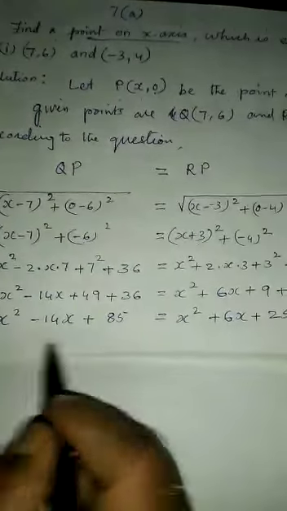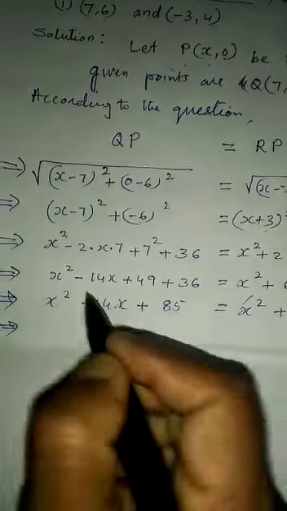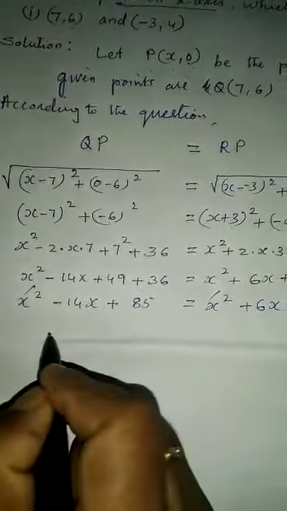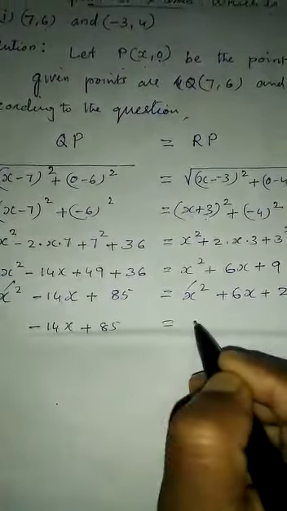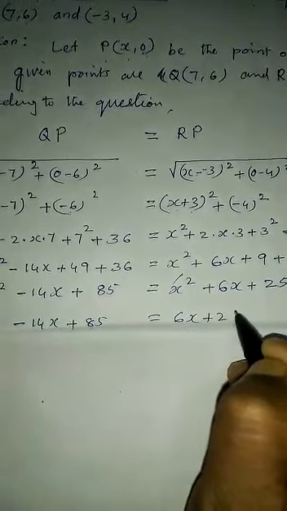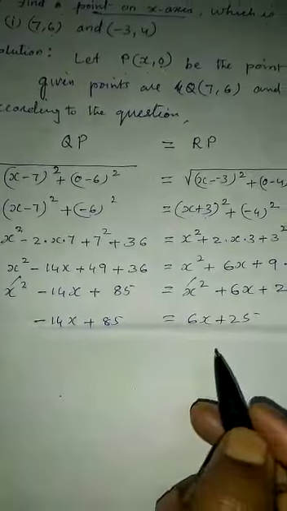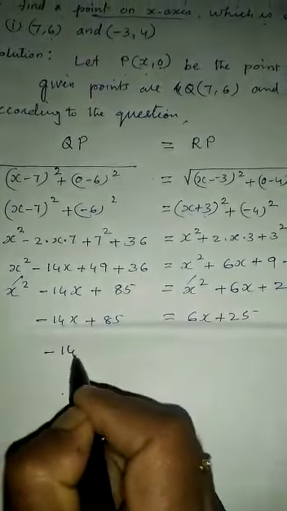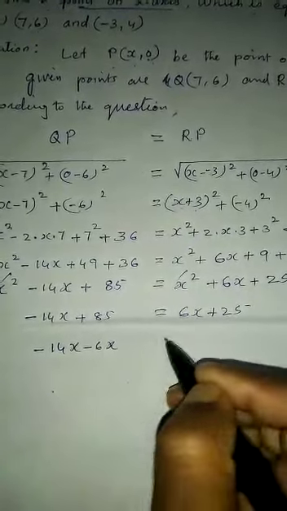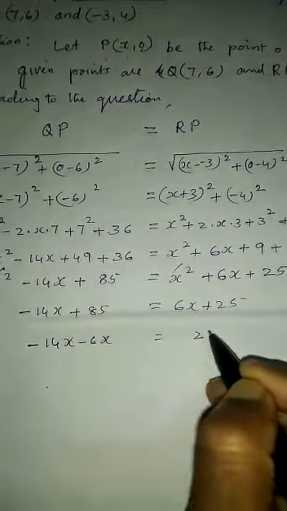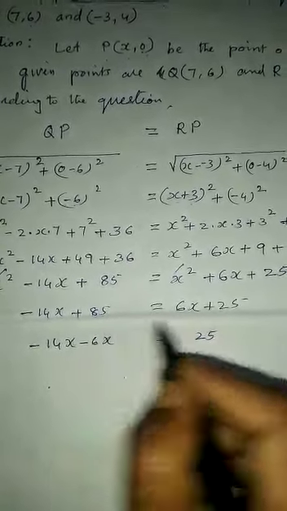So in this equation, anything same on left and right can be cancelled. That means x square cancels, so we get minus 14x plus 85 equal to 6x plus 25. Implies we bring the x terms to the left side. That means minus 14x, bring 6x from right to left, it becomes minus 6x. Then on the right side we have 25, and take this 85 which is on the left to the right.